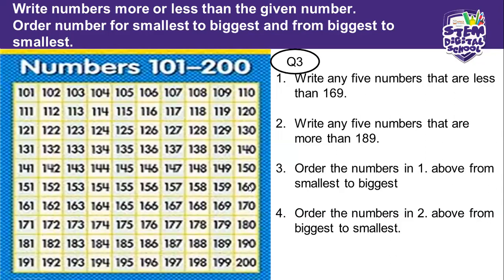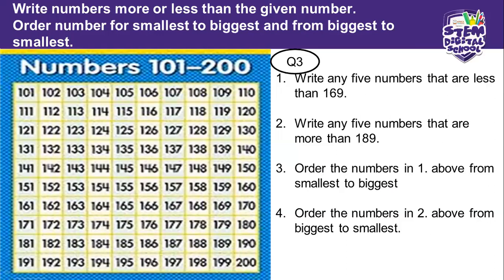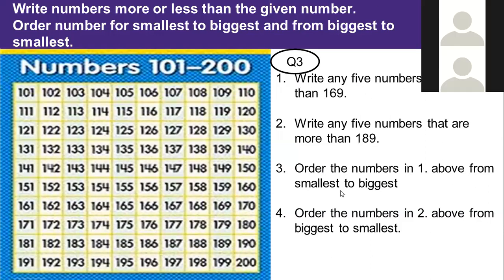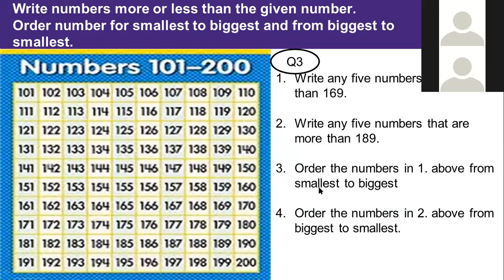Let's see what they say there. Number 3, they say, order the numbers in one above from smallest to biggest. Remember, you've got your own numbers. So you're going to take your own numbers that you did here at number 1, and then you're going to order them from smallest to biggest.